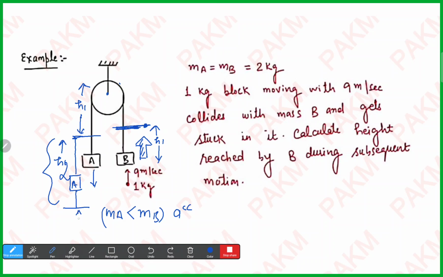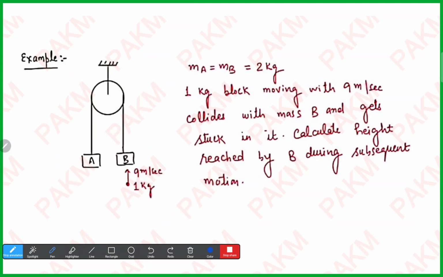A will go some height h2 dash, and B further moves h1 dash, and then since the mass of B is more, it will be stopped, and then a reversal of the motion takes place: B will start moving downward and A will start moving upward. So this is the whole situation of the problem. Now let's take it up one by one and solve.